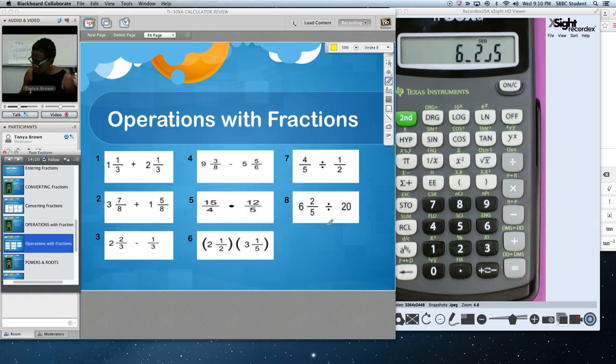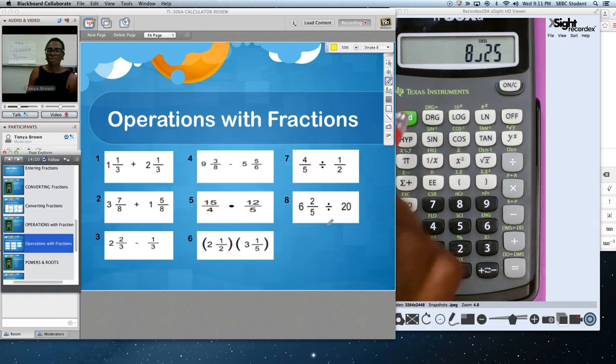So divided by 20 equals, and it gives us 8/25. If I want to see that in decimal form, my fraction to decimal key is here. I can just hit second and hit my key, and it shows me what that is in decimal form, 0.32.